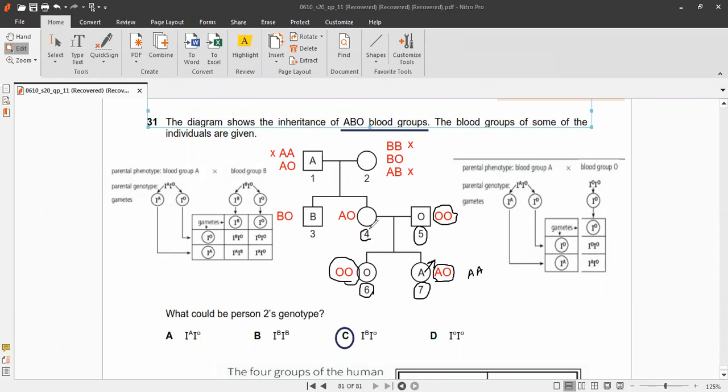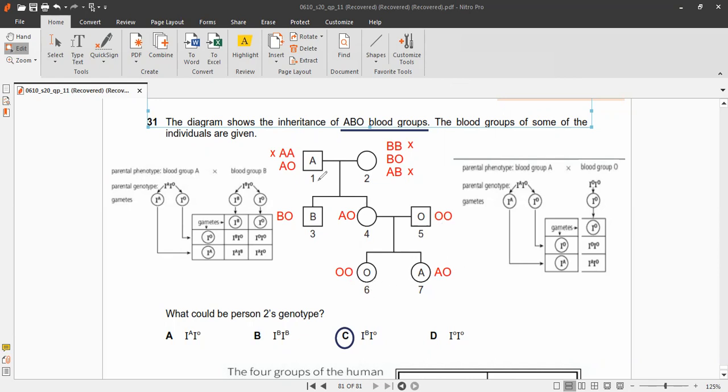Look at 4. 4 is only AO. Why? To give O individual, O and O. So AA is not correct. So 4 is AO, 5 is OO, 6 is OO and 7 is AO.